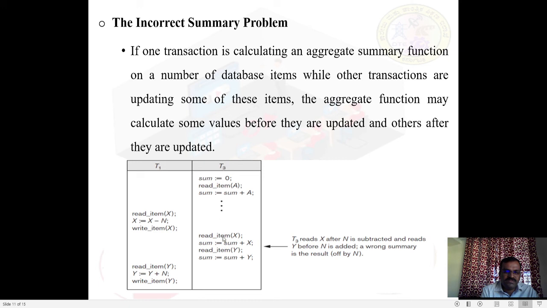T3 reads X after n is subtracted, right? And reads Y. Transaction T3 reads Y before n is added to it. A wrong summary is the result. It's called the incorrect summary problem.